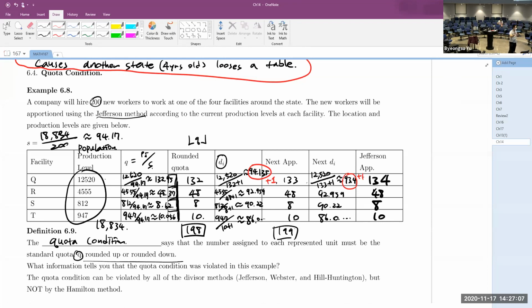And again, I calculate the divisor again because the apportionment of Q is changed. Then I get 93.4. But still, this 93.4 is greatest among all other divisors, right? So that's why I add one worker again to Q. Does it make sense?